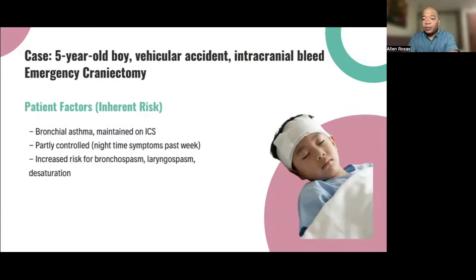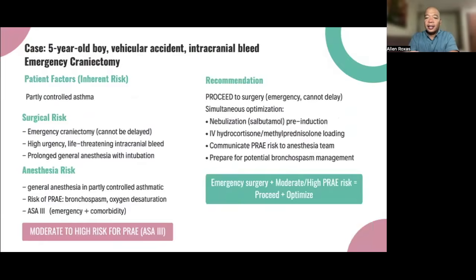We have a 5-year-old child that was brought to the emergency room after a vehicular accident and requires emergency craniectomy. On history taking, the patient has partly controlled asthma after finding out that there is presence of nighttime symptoms for the past week. Now, this child clearly has elevated respiratory risk.